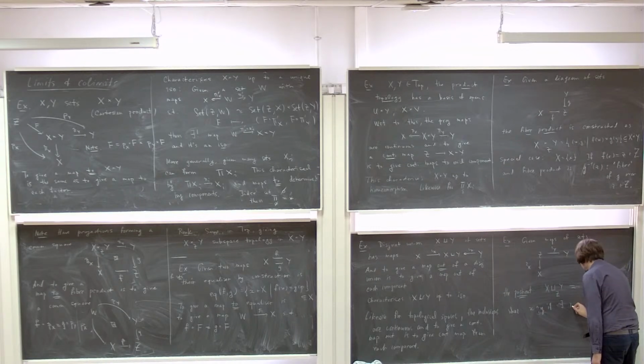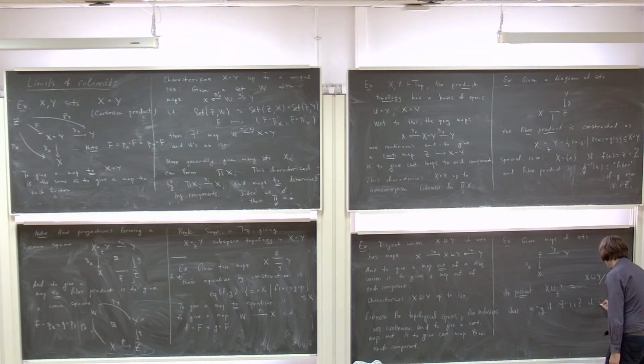So if there exists a z such that Ix of z equals Iy of z. So you should think of this diagram as instructions about how to glue a piece of x onto a piece of y. You glue them together where z tells you to glue them together.